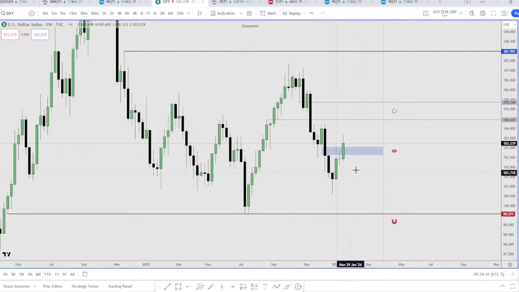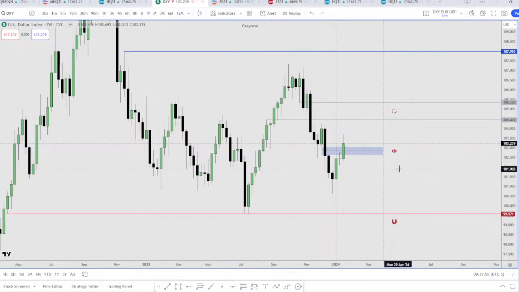But it's not an ironclad correlation, so they can both go down together. It doesn't mean that it has to go up, but it just means that nothing will be capping indices to go higher if dollar is trading lower.